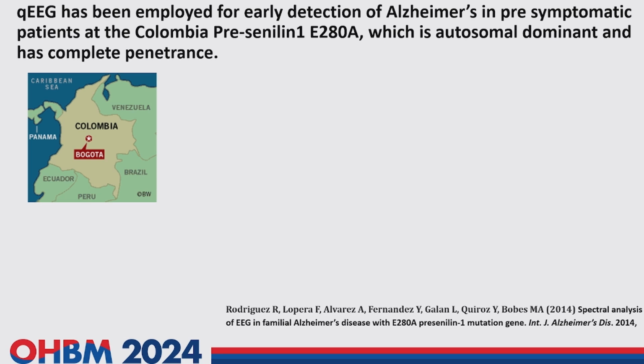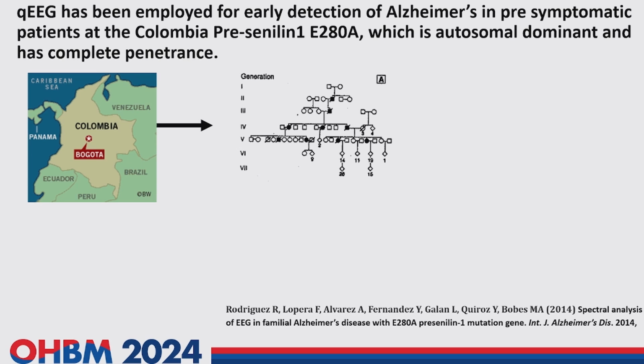E280A. This mutation has a 100% penetrance, with subjects at age 40 exhibiting Alzheimer's dementia. In the top middle, you can see one family tree with affected people shaded in black.